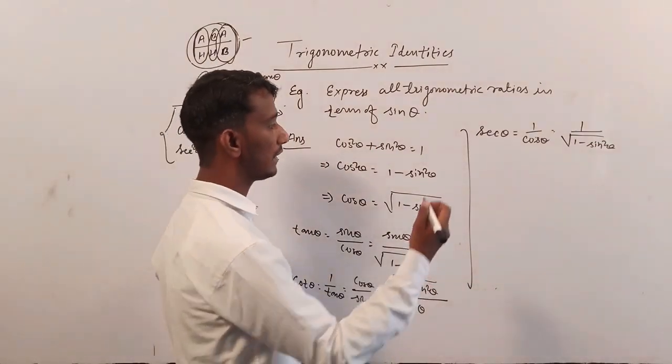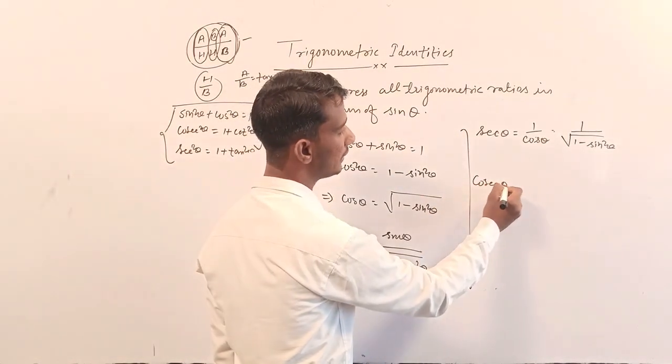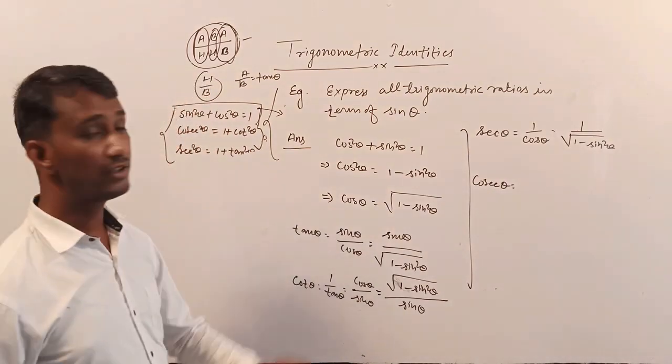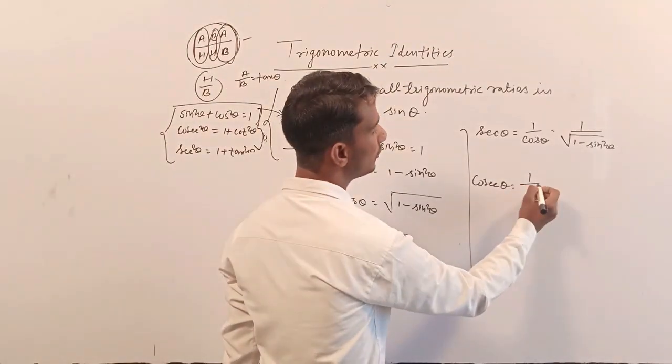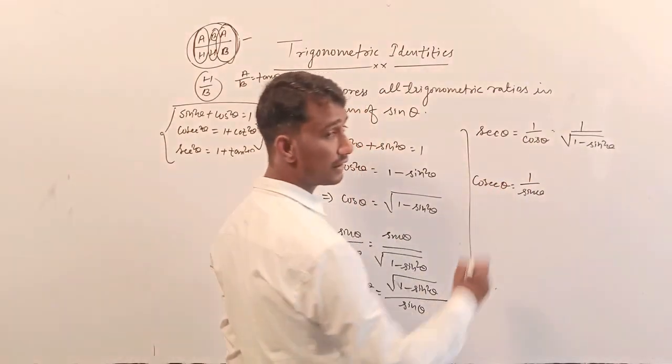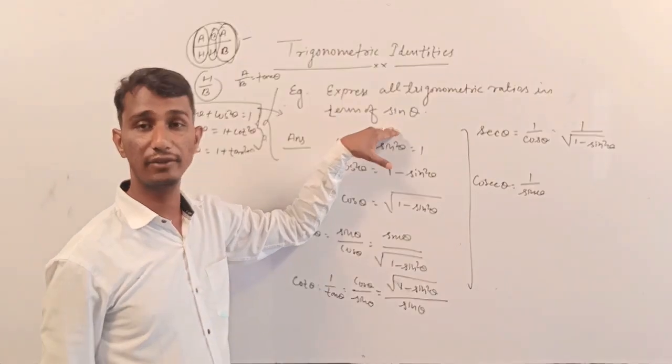Okay, students. And the last and final trigonometric ratio is cosec theta. Cosec theta we can easily represent in sin because cosec is the reciprocal of sin. Understand? In this way you can express all the trigonometric ratios in sine form.